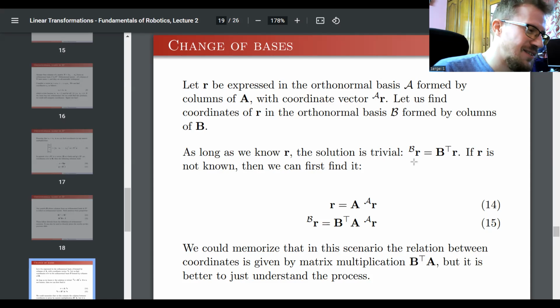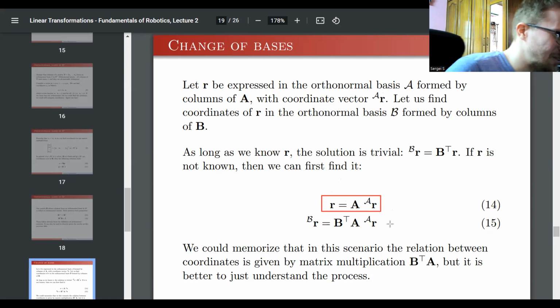All right, but R is an abstract vector, so how would we know it? Of course we wouldn't. But we know what the coordinates of R in A are, so we can write it this way. R is equal to A times R subscript A. So now we know what R is, as long as we know what A is, and assume we do.